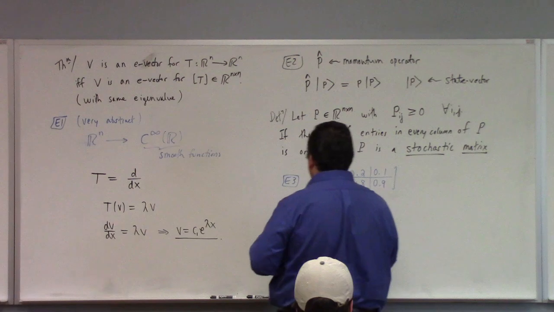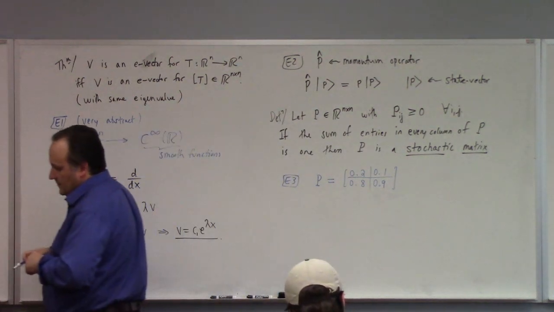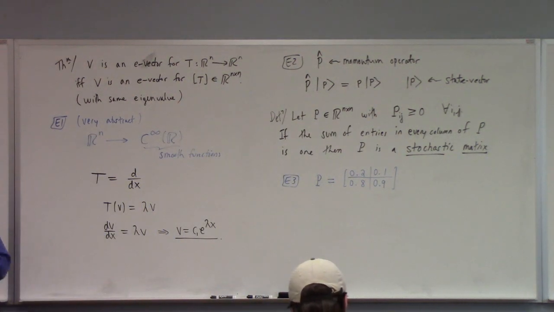This would be a stochastic matrix, because 0.2 plus 0.8 is 1, and 0.1 plus 0.9 is 1.